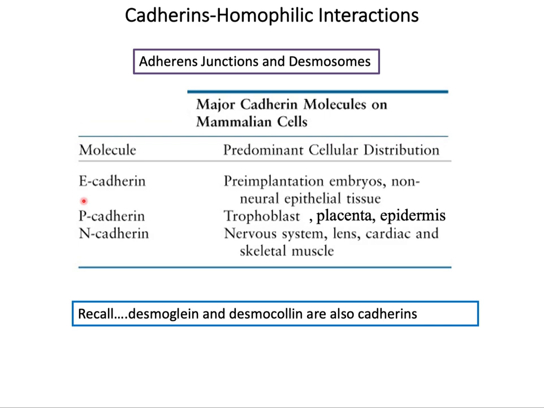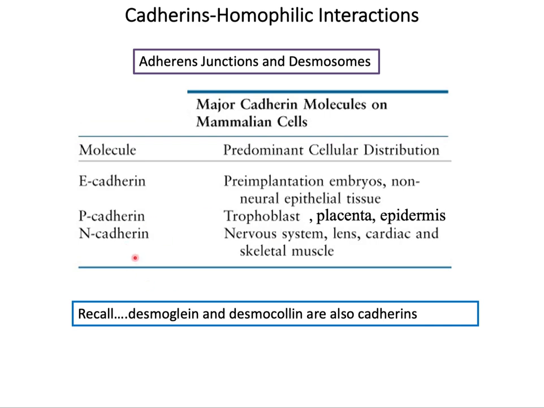You have E-cadherin, or epithelial cadherin, which plays an important role in junctions in embryos and non-neural epithelial tissues. Then there is P-cadherin, or placental cadherin, that also plays an important role during development, and you find a high abundance of this transmembrane linker protein in placental epithelial cells and also in the skin epithelial layers of the epidermis.